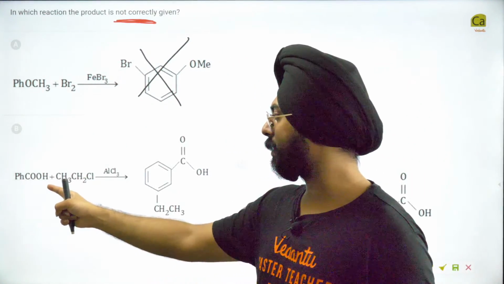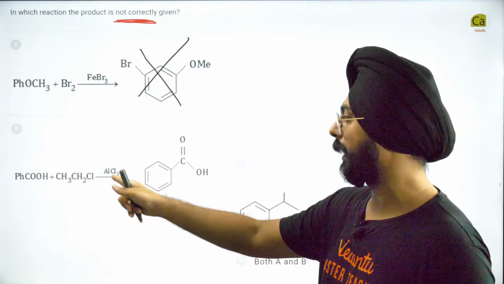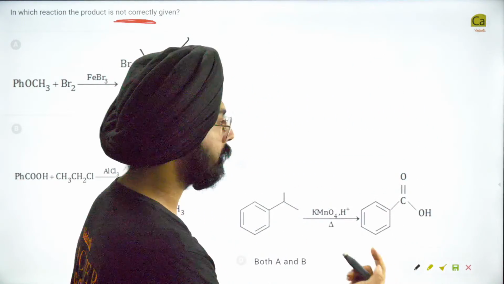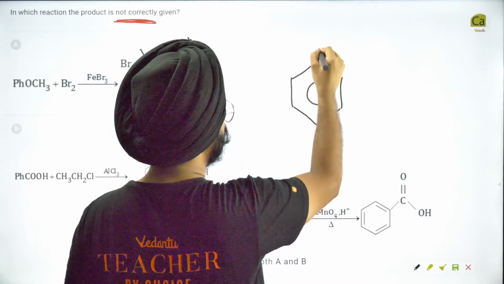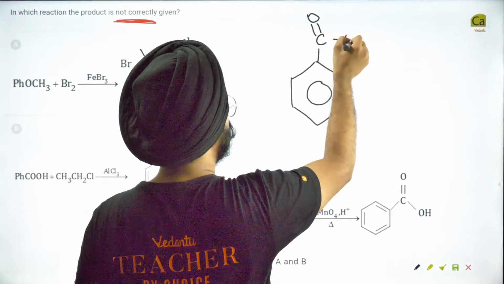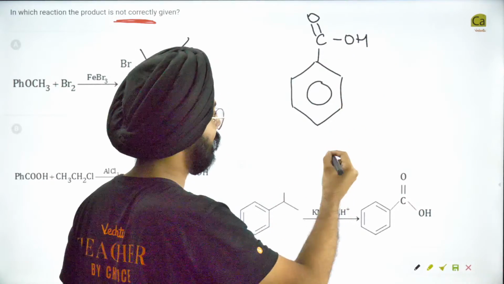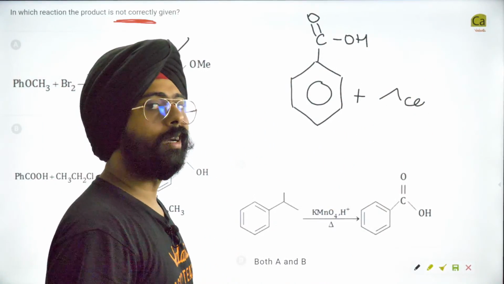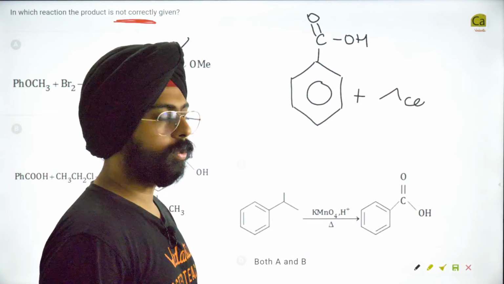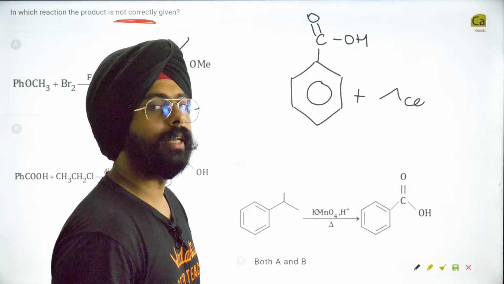The second option says PhCOOH plus CH3CH2Cl in AlCl3. Let me write the reaction for you. You have C double bond O single bond OH reacting with ethyl chloride under AlCl3. You want to do a Friedel-Crafts alkylation.